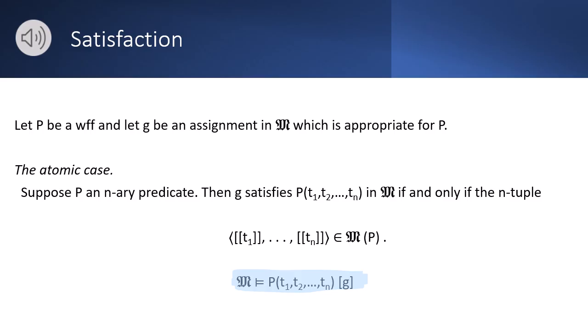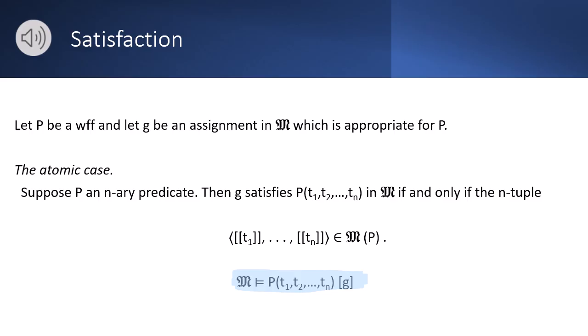When G satisfies P in M, we'll write the structure M, the double turnstile, the formula P with those terms T1 through Tn, and then in brackets the variable assignment G. And remember that whether or not that statement is true depends on M, P, G, and the terms T1 through Tn.